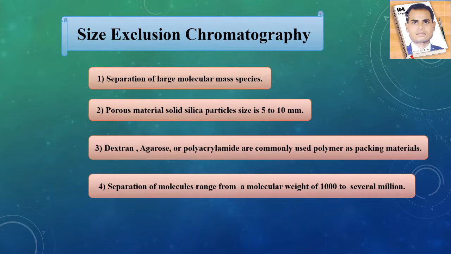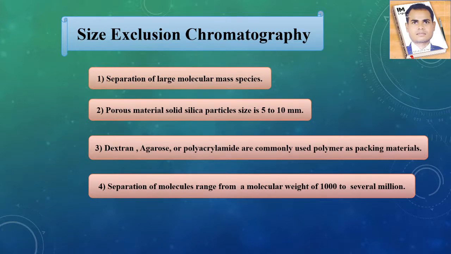This is the limitation of size exclusion chromatography: it separates molecules only in the molecular weight range of 1000 to several millions. So within this range we can separate molecules by using size exclusion chromatography.